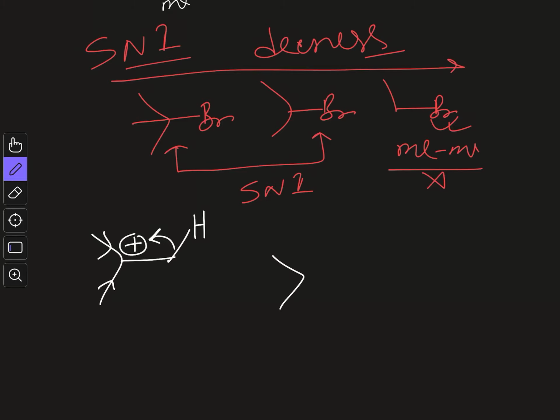In the next case we have only two methyl groups, so both hyperconjugation and the inductive effect are relatively less, and in this case we have only one methyl group, so it is the worst situation, and for methyl we cannot even think about an SN1 reaction. So as the stability of the carbocation decreases, the rate of the reaction also decreases.